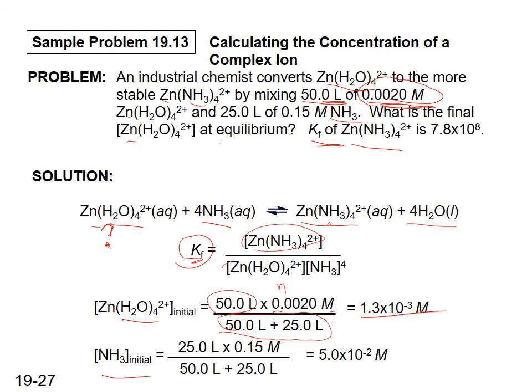The ammonia added is 25 liters and 0.15 molarity, but the volume also changes, so we need to divide by the new volume. That's the initial concentration of ammonia after we mix together. So now we are ready to list the reaction table and solve for x.